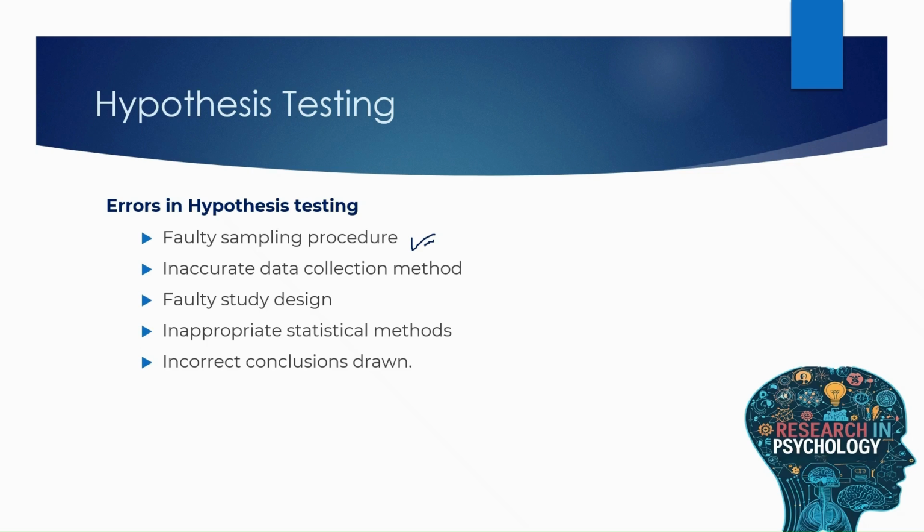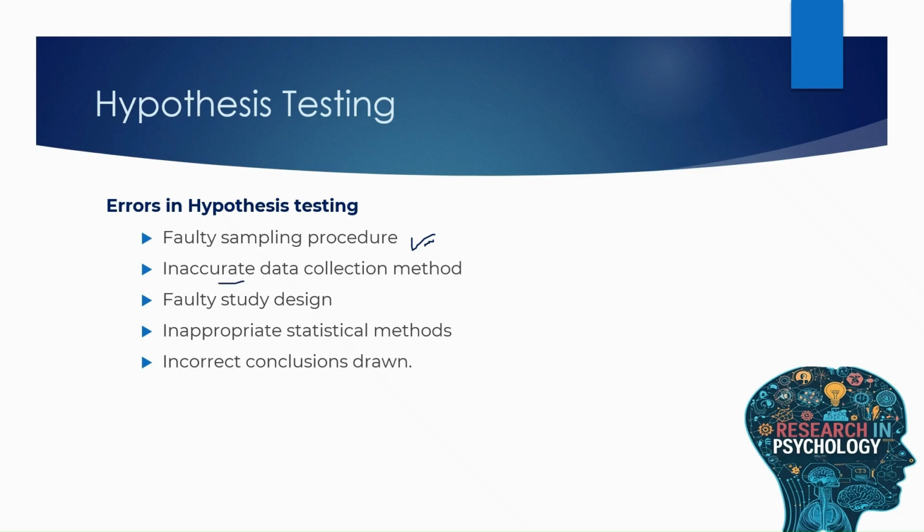Okay. If you are not selecting the sample randomly and you are choosing a bias or a particular condition, right? Something, maybe it's a convenience for you. Okay. In which case the sampling procedure becomes faulty. When that becomes faulty, there could be a possible error that can crop up in your hypothesis testing. All right. So always choose random sampling for your hypothesis.